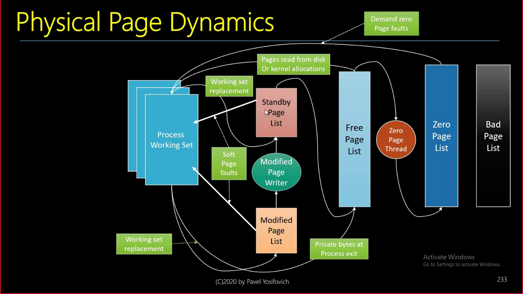In fact, there are two threads. One of them is for image files, one of them for mapped files, but it doesn't really matter. Once they're synchronized with their copy in the page file, they can move to the standby page list. From there, they can either go back to the working set if the process accesses them, or, if the system is low on memory, go to the free page list and lose their connection to the process. But that's okay, because in the worst case, we'll have a hard page fault that can be handled properly.